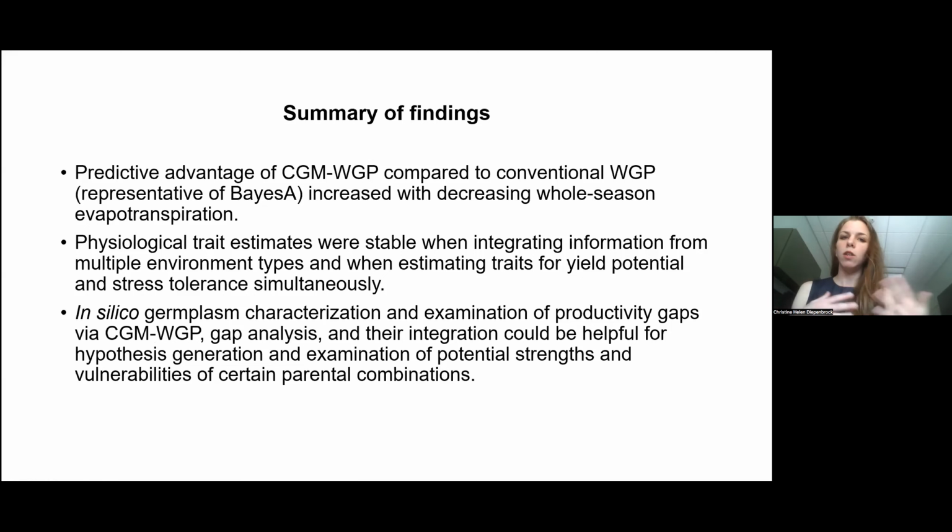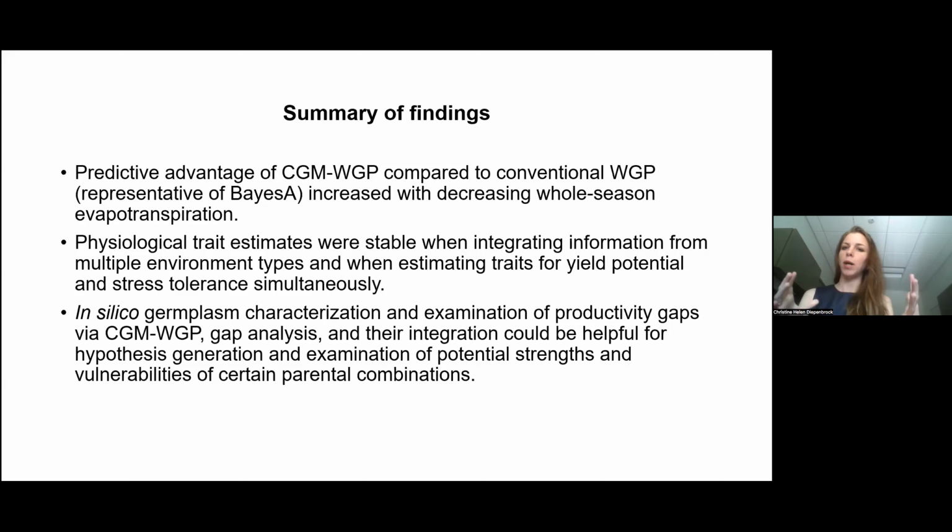And then we can integrate that Cgm-WGP and gap analysis. They again have complementary strengths, where the former can really look at early stages of the breeding process, potentially helping us screen large numbers of individuals. Gap analysis can help us integrate some of the agronomic considerations and feed that information again into those early stages. So again, this is in the context of hypothesis generation.